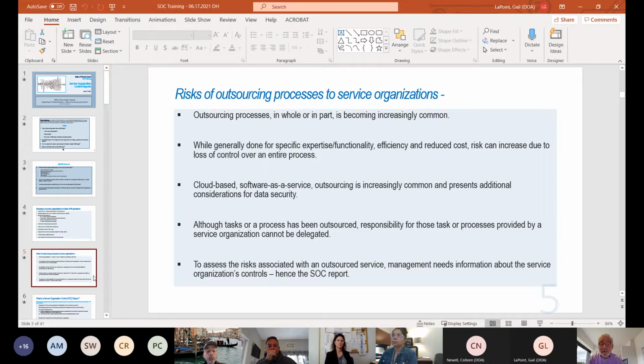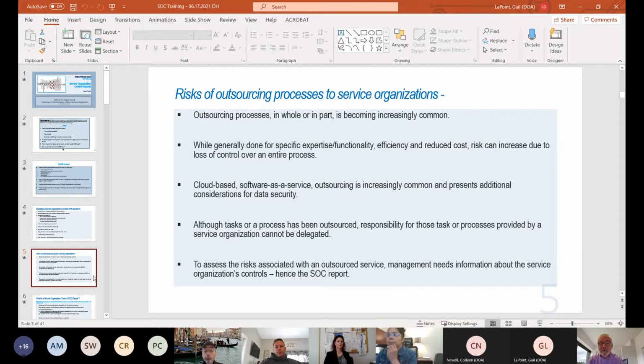Those are becoming increasingly common, and those are good examples of service organizations. They're a good example of where you'd probably be very interested in getting some kind of a SOC report on what they're doing with your data, because in a software as a service, they're not only running the application, but they also have all your data and it's all in the cloud. So that just gives you a flavor.